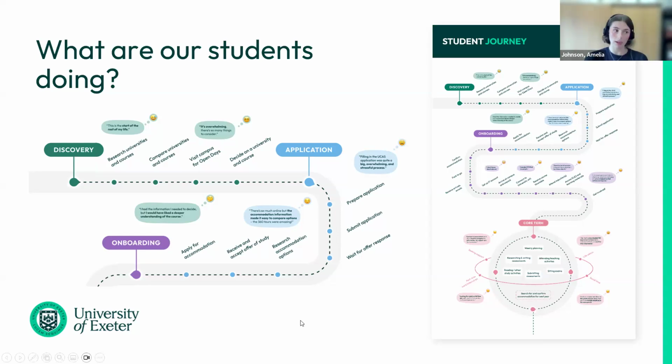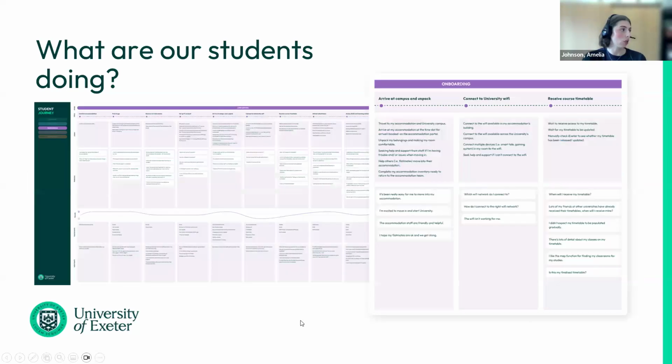So at a more granular level, because this is quite high level, we then have our experience maps. So these are a deep dive into how things are connected, or maybe not so connected from a student perspective. So they take into account things that the students are doing within each of those steps, how they're thinking, what they're feeling, any touch points that they engage with, and then any pain points that they experience as well.